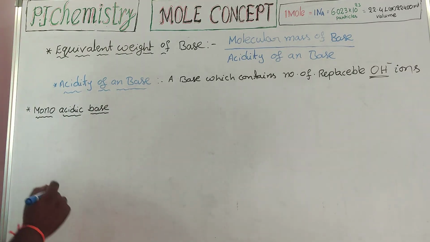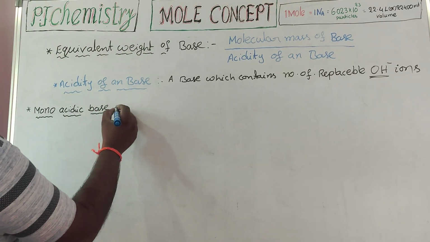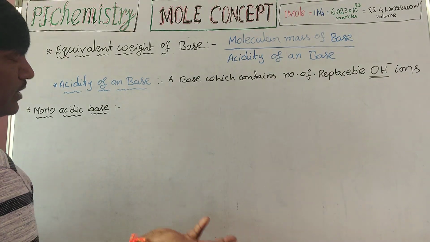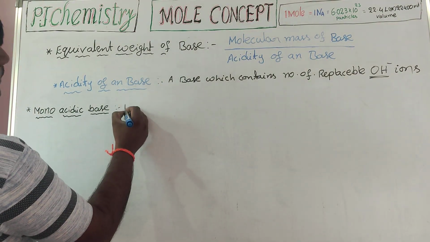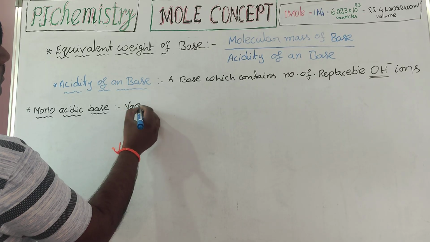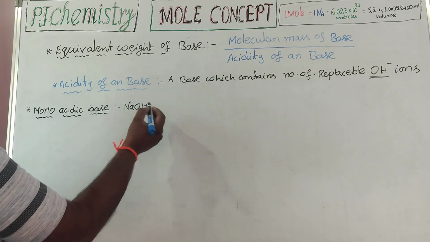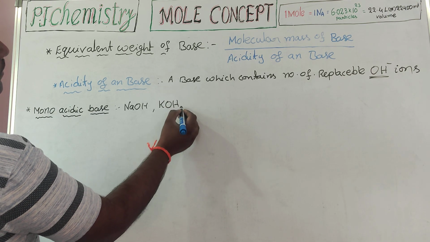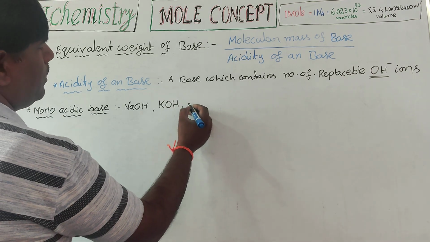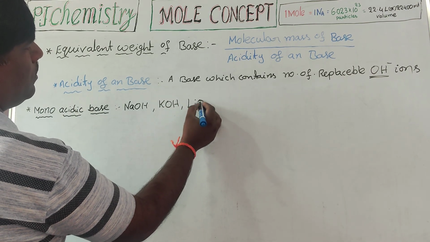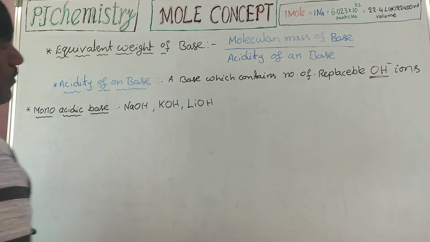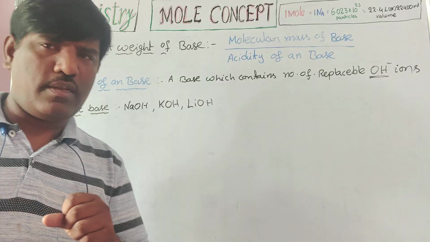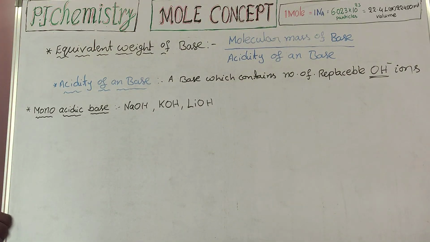Monoacidic base means only one OH, for example NaOH, how many OHs are there? Only one. KOH, only one. LiOH, only one.